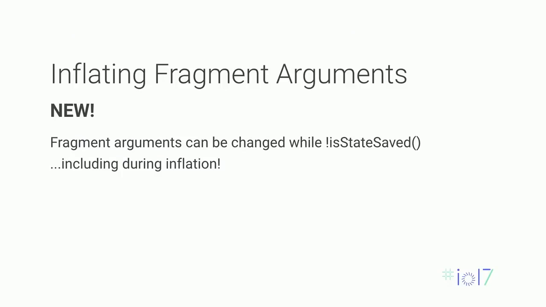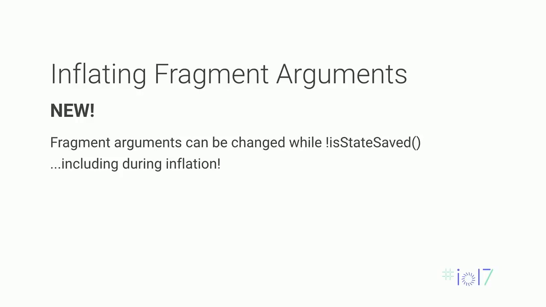So one of the things that made this really difficult to do in the past was, again, just an artifact of history, in that you couldn't actually set fragment arguments, that arguments bundle, after the fragment had been added to a fragment manager. So now we've relaxed that, and we've said that fragment arguments can be changed anytime the state isn't saved, including during inflation.